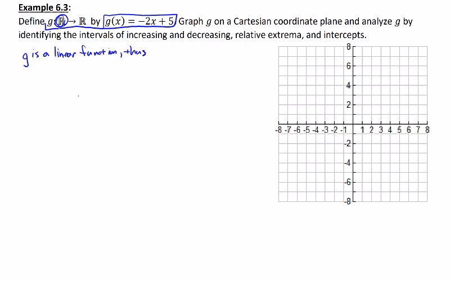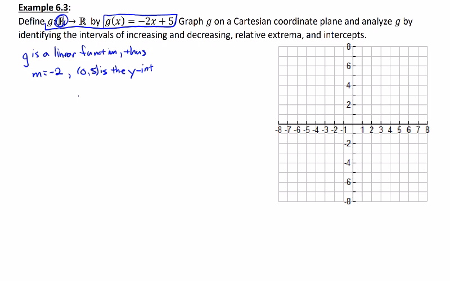And then I can also say that m is equal to negative 2 and (0, 5) is the y-intercept. So we can pull out the y-intercept, pull out the slope.